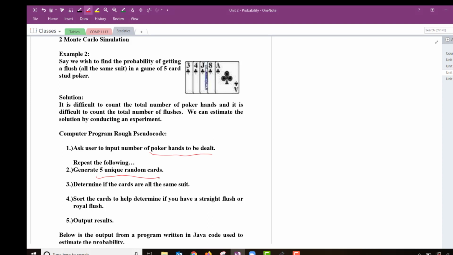So whenever I generate my 5 cards, I'd have to then sort them and check to make sure that it isn't a royal flush or straight flush. Because if it is, I won't count that as just a boring, regular flush. By coming up with computer code for this, we can deal millions of hands.